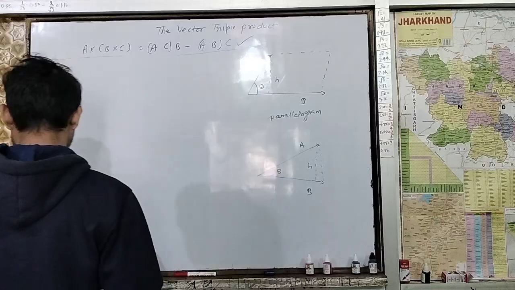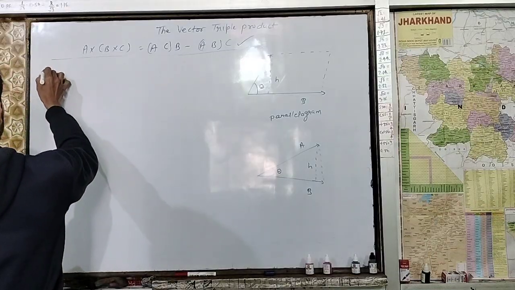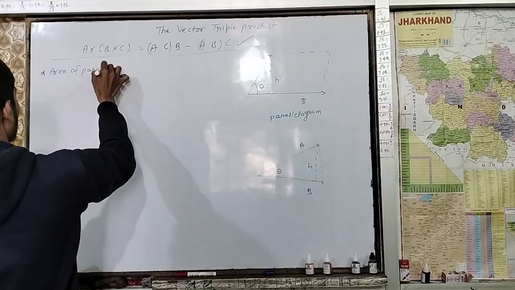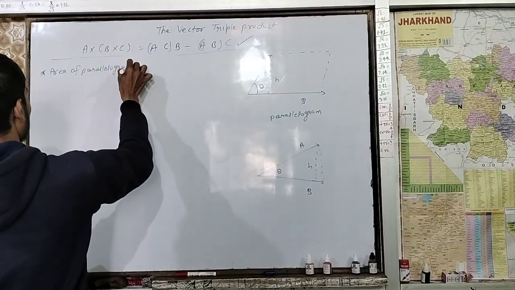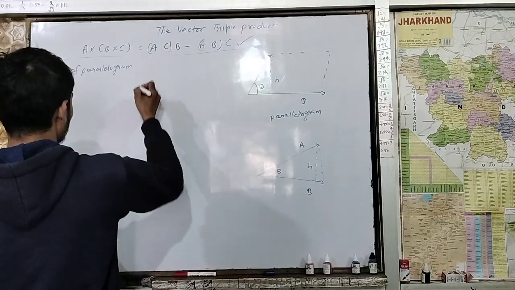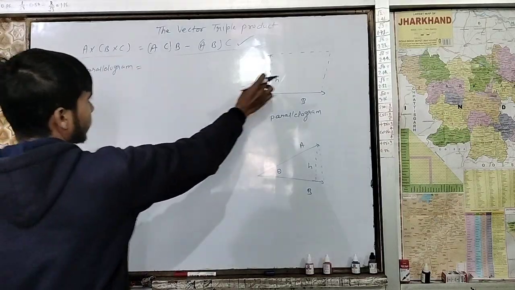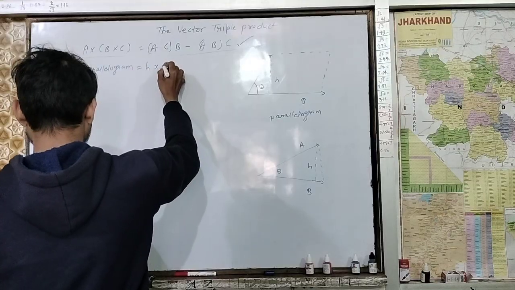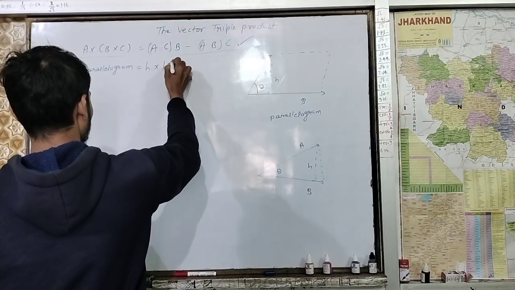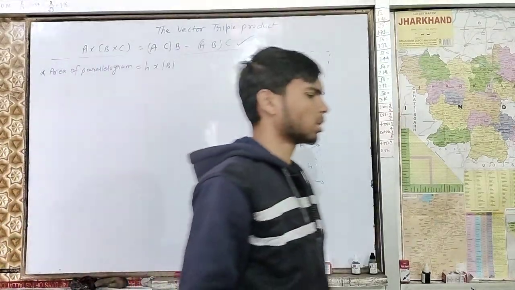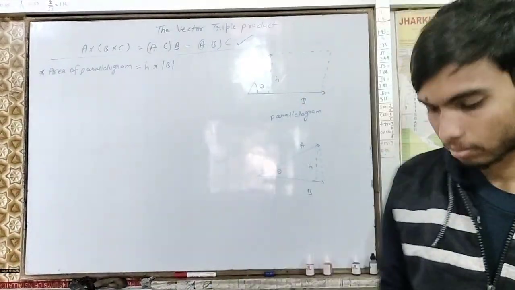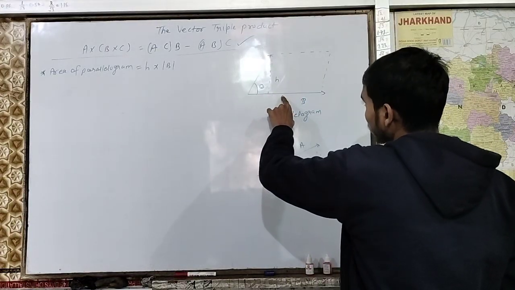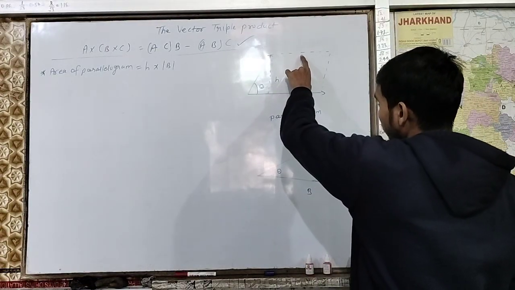Okay. So first, the area of a parallelogram. The area of a parallelogram will be equal to H into the magnitude of B. Look over here. Since we have a parallelogram, can you say whatever the magnitude of this B vector is will also be the same for this?